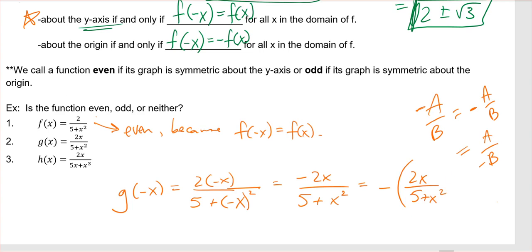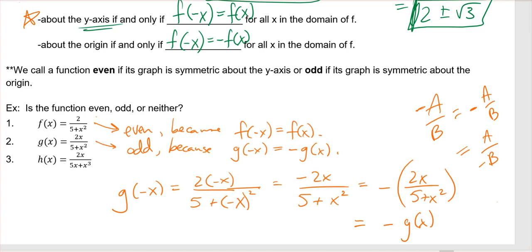Maybe this is an extra step that we don't exactly need to write. But this is just the negative version of what we started with, right? So we would say that this function is odd because when I ran a negative input through there, I ended up getting the negative version of what we started with.